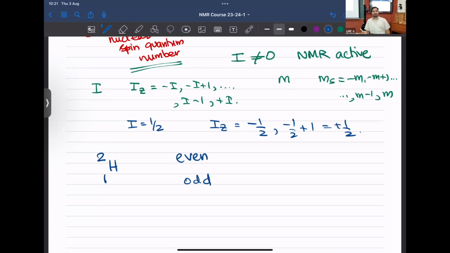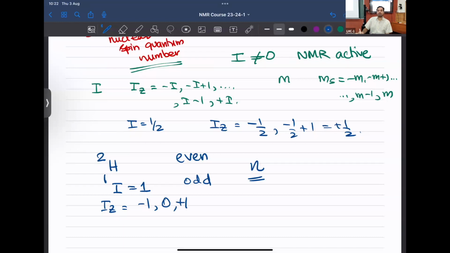These kind of nuclei are known to have an integer nuclear spin. In this case, the I for deuterium is equal to 1. So therefore, the allowed values are going to be minus 1, 0, plus 1. That is the other extreme of the quantum number, right? So how many states are possible for a nuclear spin quantum number of 1? You're going to have 3 possible states. Does that make sense? Yeah, good.